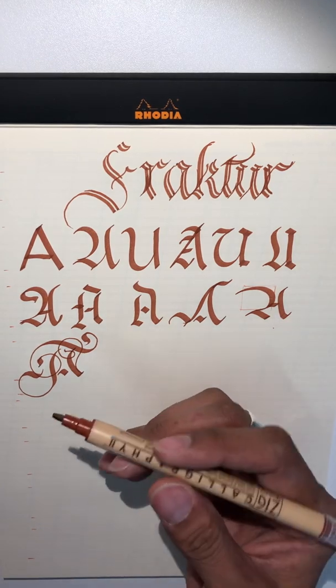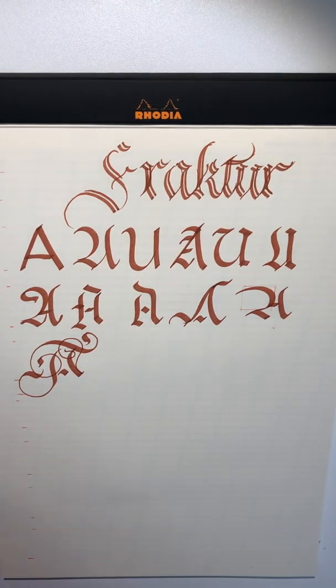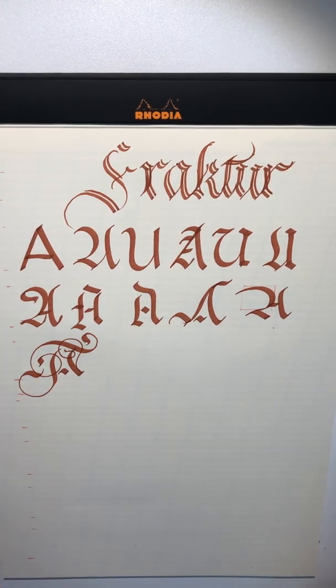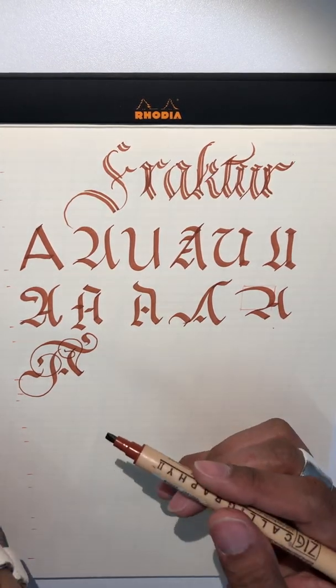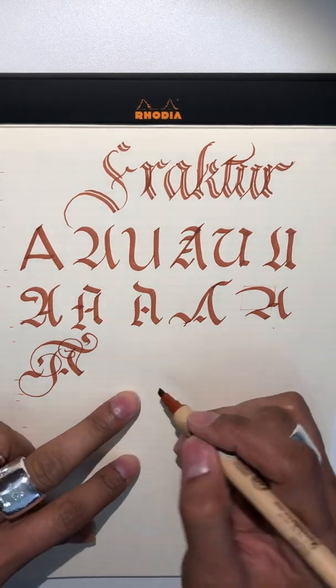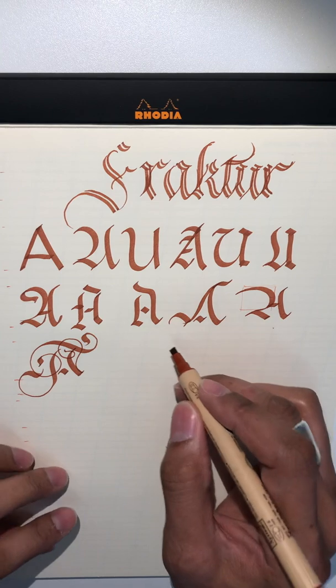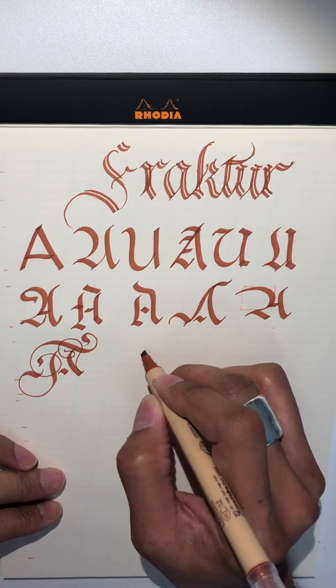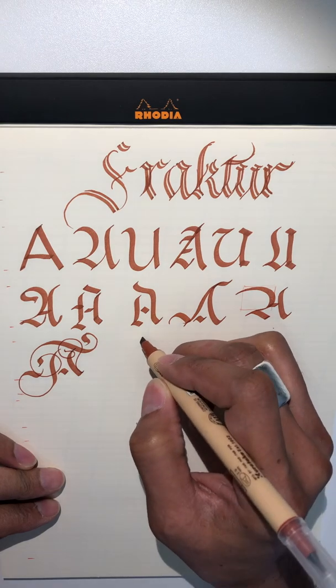But I'm doing this just so that if you really wanted to start looking at this, obviously, like I said before, don't start with Fraktur, start with Textualis Quadrata, then move into Fraktur. But I'm using the Zig marker because there's not a ton of ink to play with, and it dries fairly quickly. So I'm going to start really playing with these letters now.